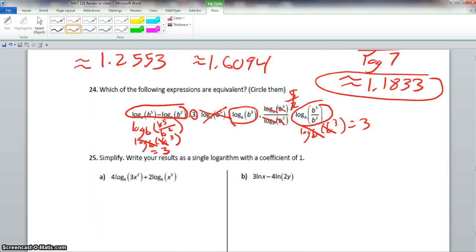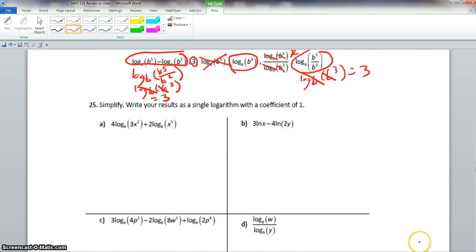Now we come here to 25. Simplify. Write your results as a single logarithm with a coefficient of 1. So the first thing we have here, if you notice, we have 4 on the outside here and 2 on the outside here. So we will have log base b of 3x squared to the 4th power plus log base b of x to the 5th to the 2nd power.